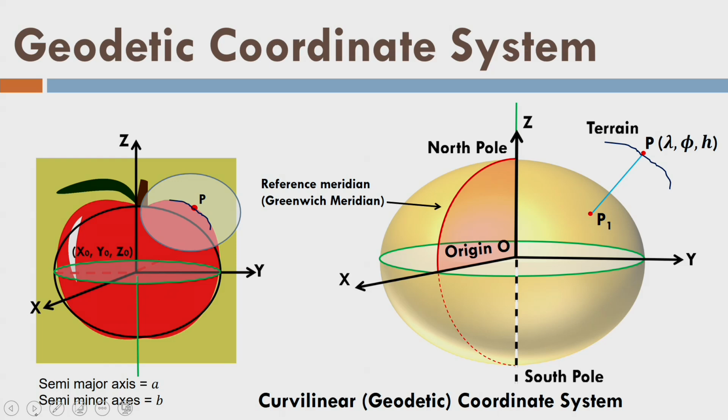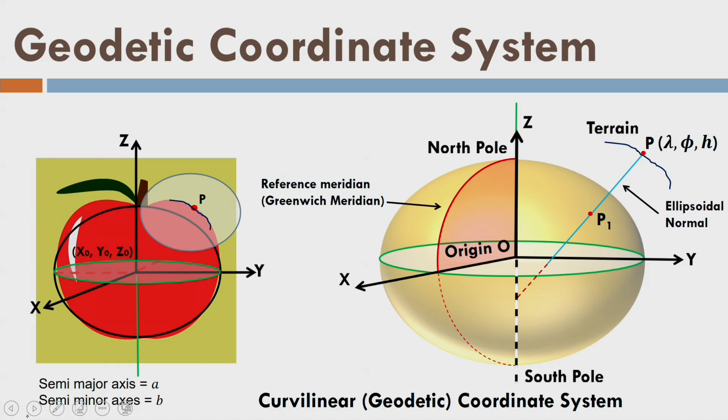This is the intersection point of the ellipsoid with the perpendicular line from point P. Now, if I extend the perpendicular line to the equator, it will cut here, and if I extend it further, it will cut the rotation axis of the Earth.